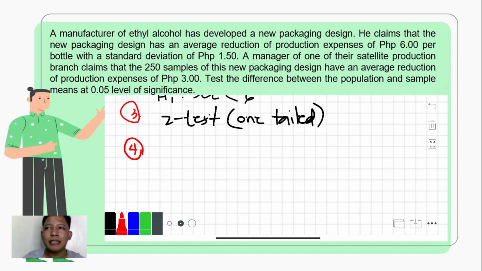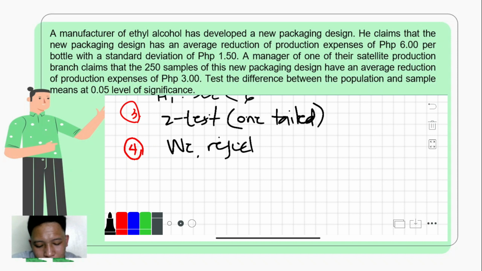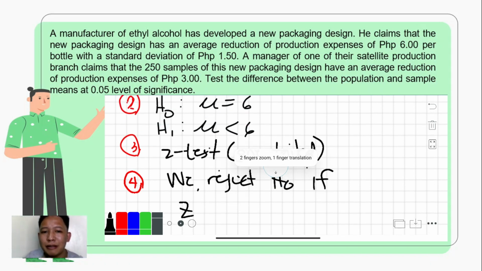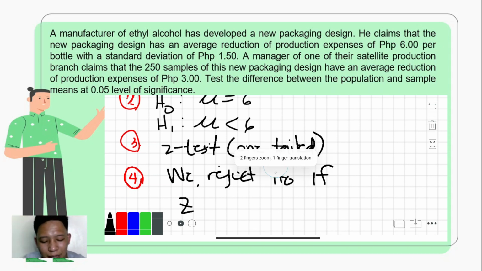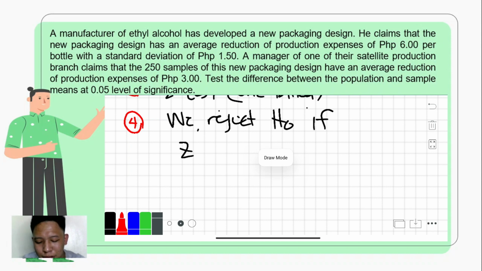Alright, so let us now proceed with our next step, and that is for us to make a decision rule. In creating our decision rule, we reject H0 if Z. We reject H0 if, since our alternative hypothesis talks about less than our population parameter, which is 6, our decision rule should be what?